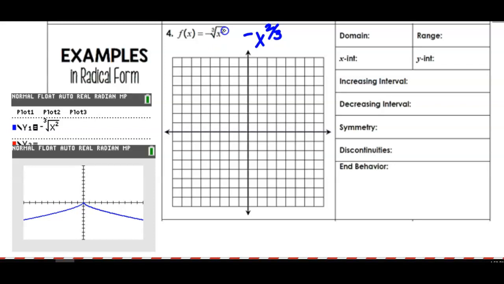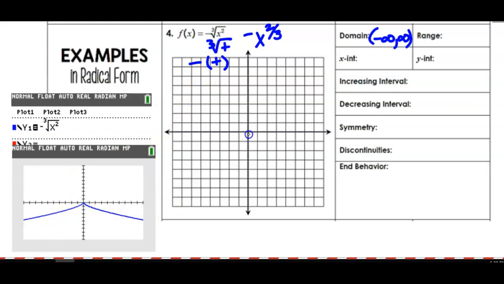You can put anything in there and square it, so the domain is all real numbers. But when you do that, you're going to square it and make it positive. Then when you take the cubed root of a positive number will be positive, but then there's that negative out in front, and that's why all the values turn out to be negative.